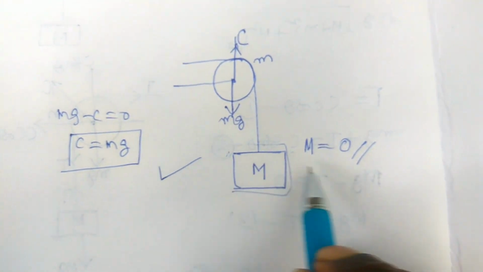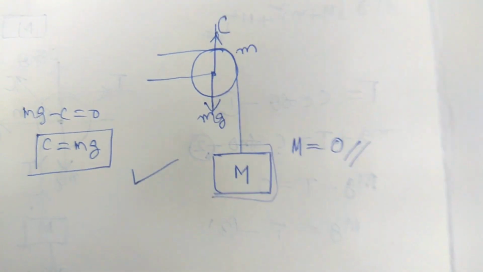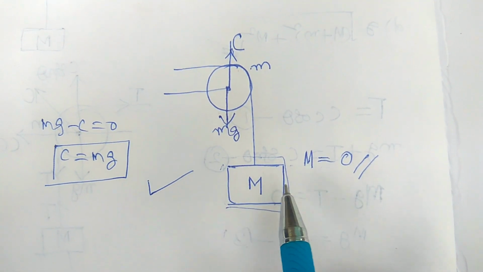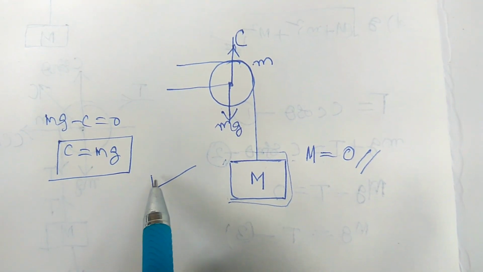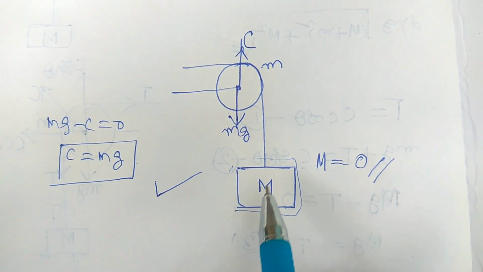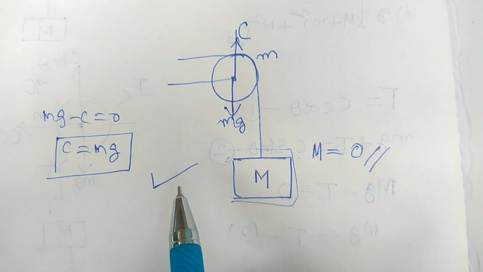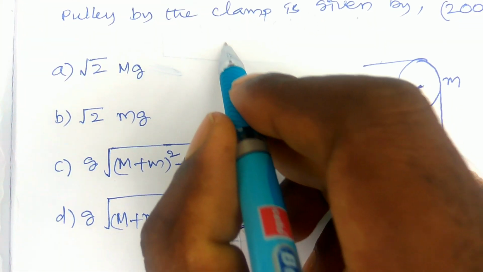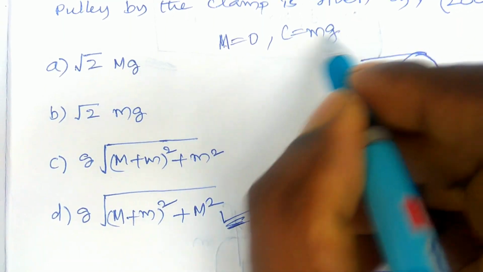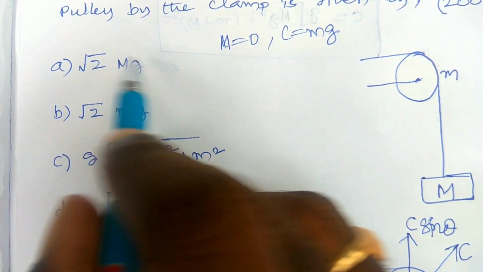So just to check, we can substitute the value of capital M in all the options, and when we get C is equal to mg, that is our answer. Okay, now check it. If capital M is equal to 0, then C is equal to small mg. So here M is equal to 0, then the total will be 0.